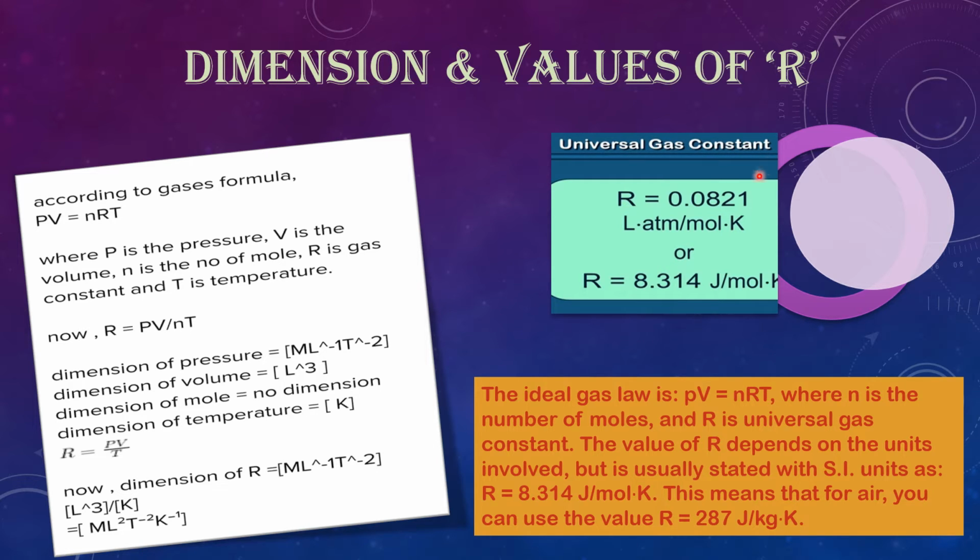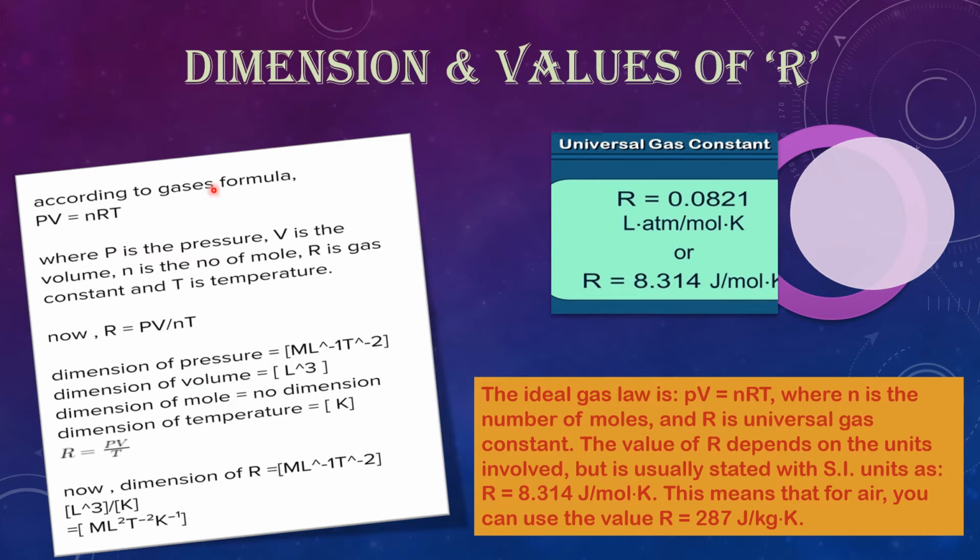Universal gas constant value is R is equal to 0.0821 liter atmosphere per mole Kelvin, or R is equal to 8.314 joule per mole Kelvin. This is the value of R. Now we are talking about the dimension.